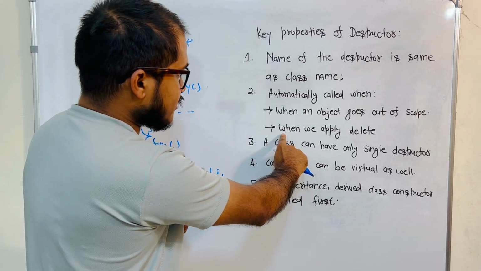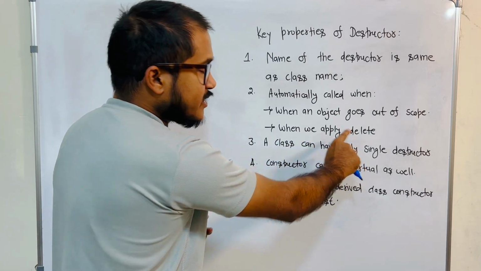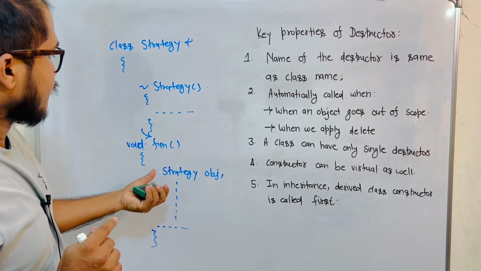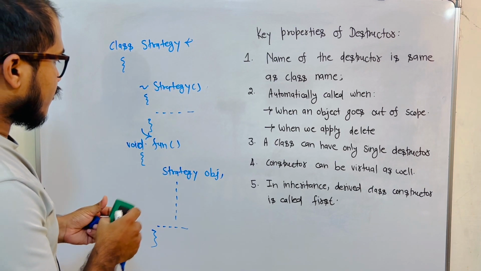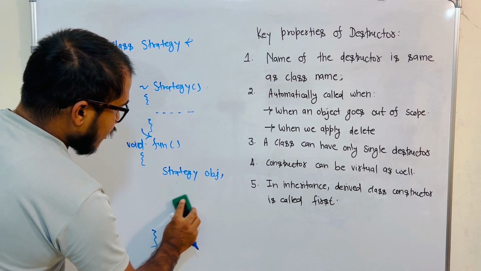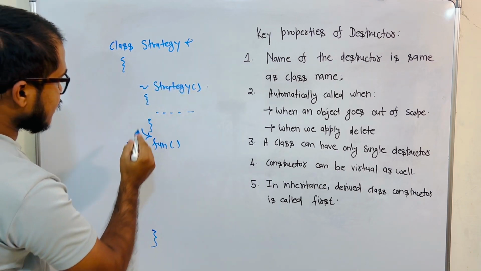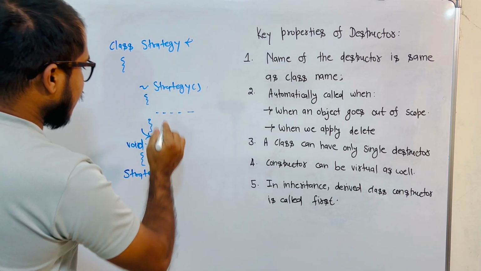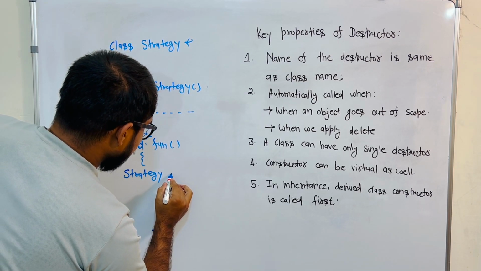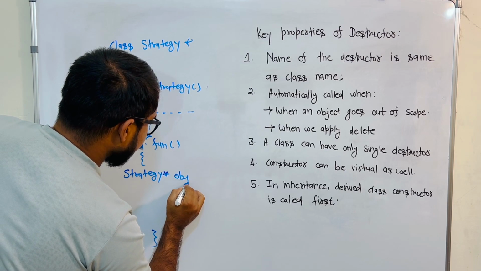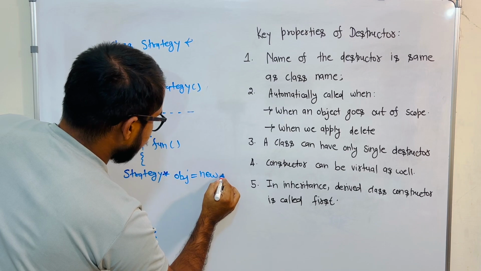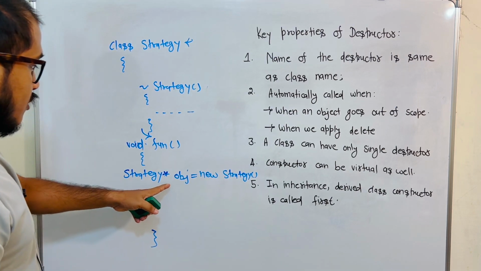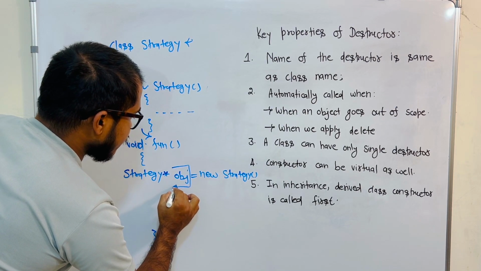And now, when we apply delete to any pointer to an object of this particular class, at that time we will again call the destructor. For example, let's say in this case I am creating the object of the strategy class inside this function itself, and I am calling, let's say, strategy pointer obj equal to new strategy. Then I will have to explicitly delete this particular object.